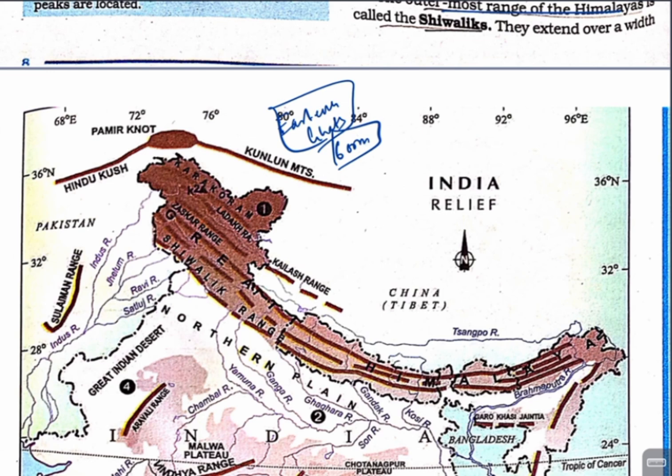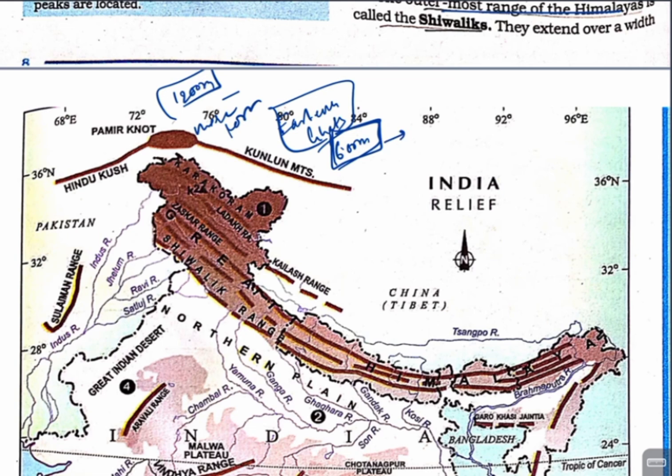The average height of the Western Ghat is about 1200 meters, but the Eastern Ghat is about 600 meters, so the Western Ghat is slightly higher. I told you that the Western Ghat is more continuous, but the Eastern Ghat is not continuous.